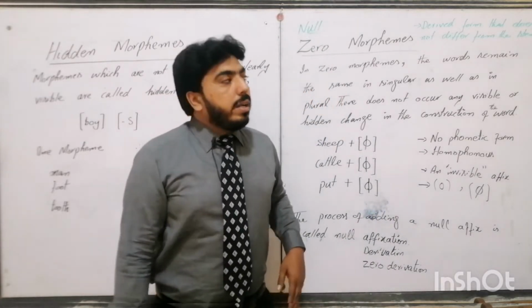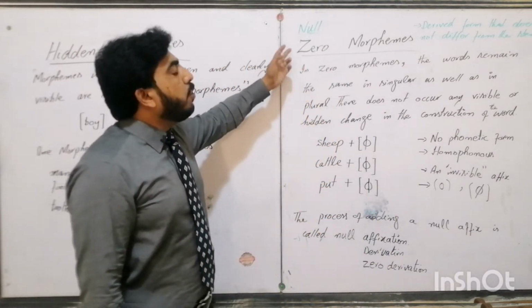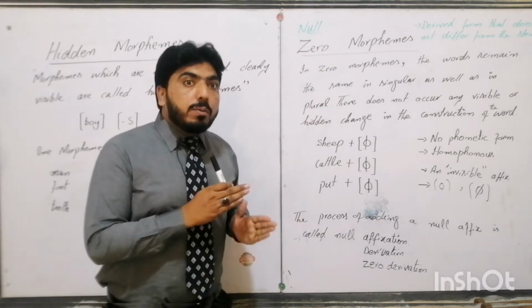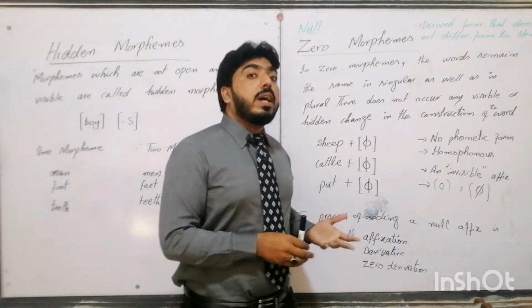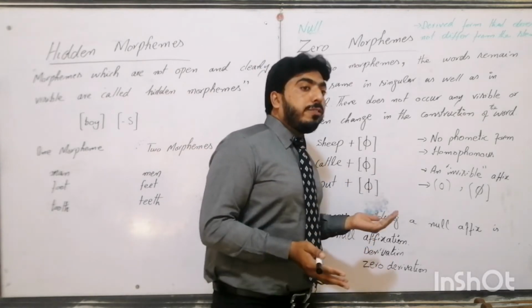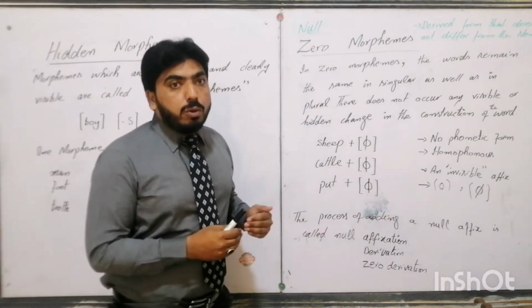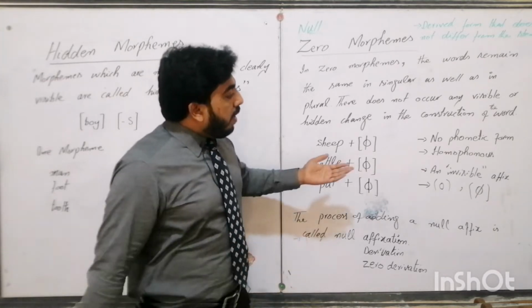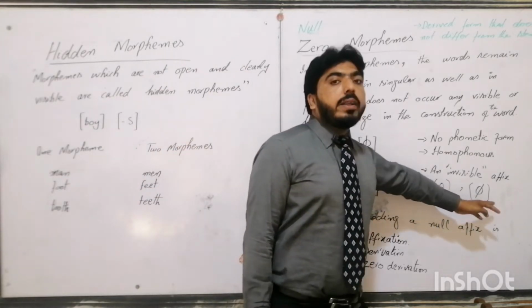The other concept is zero morpheme, as the word zero shows, the absence of morpheme. But the question arises, if there is no morpheme, then why do we show the symbol of morpheme in the form of zero or null?